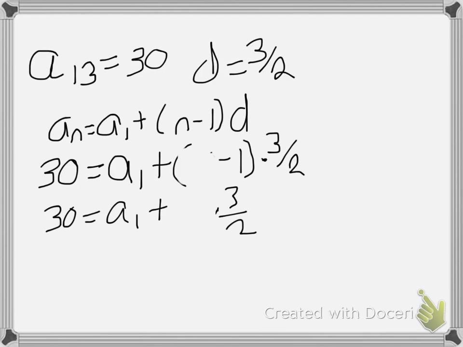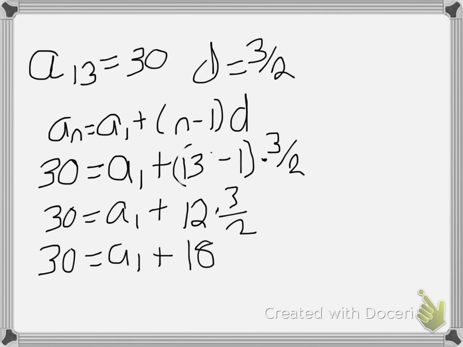So please try not to rush like I am. Then 13 minus 1 is 12. Okay, so then I have 12 times 3/2. So 30 now equals a sub 1 plus 18. And so 12 is my original number, a sub 1.